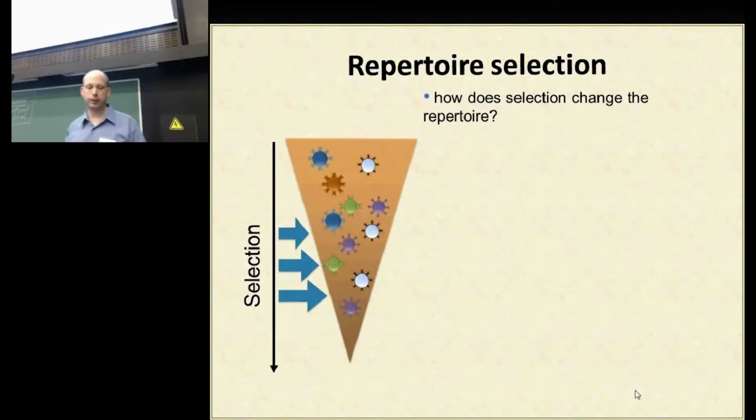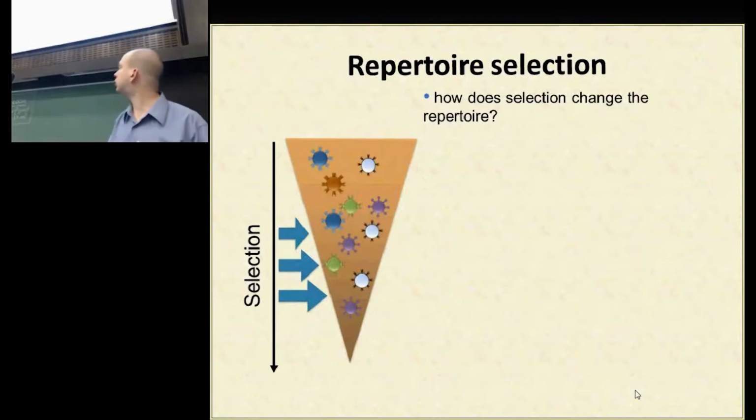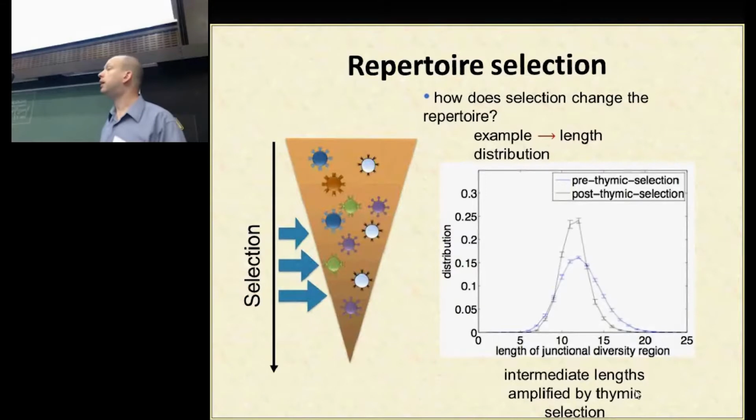So we're trying to quantify the selection. We can actually see the selection very easily if we just look at the length distribution before and after this initial selection. The blue curve is the length distribution. This is CDR3 length, right? A very specific variable area in the receptor, in the TCR in this case.